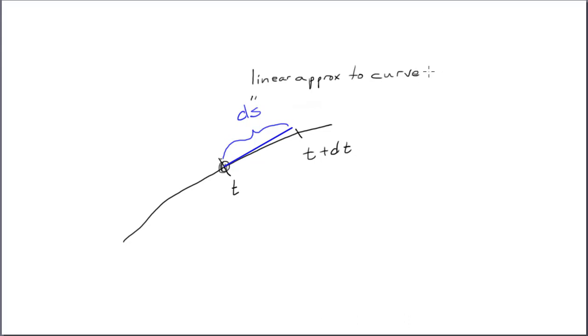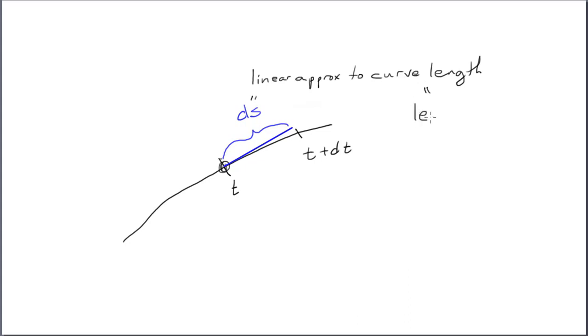Back to my curve, and if I want to integrate, I want to integrate over lengths. So the standard way we do it is we need the length of the base of the rectangle, and that's our ds. Then we'll multiply by some function value at that point t for a rectangle, sum those rectangles, calc 1 integral.